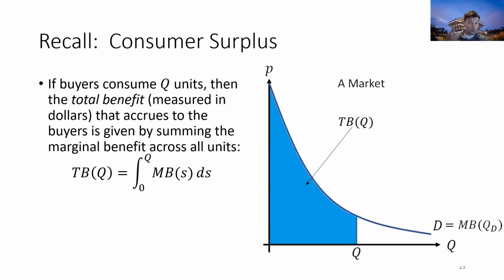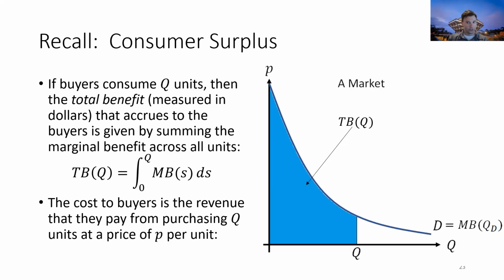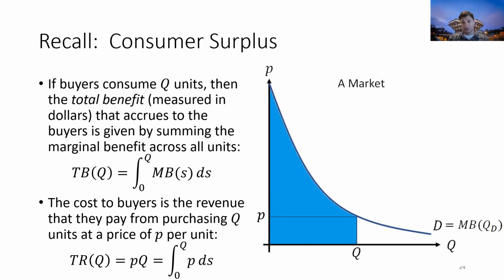Yeah, that's right. We have to subtract out how much the buyer actually pays. If I gave this buyer Q units for free, the blue area would be their surplus, since I didn't charge them anything. But if they actually paid P dollars for each unit, think about why they stopped at Q. They stopped at Q because they were facing a price of P.